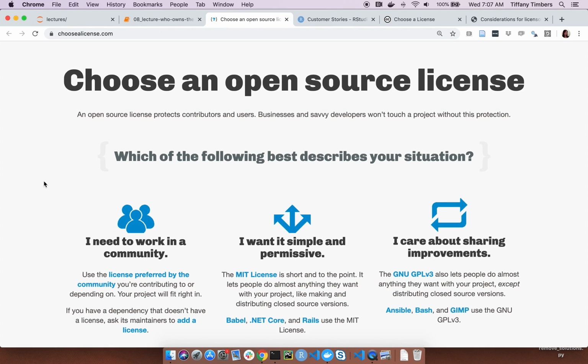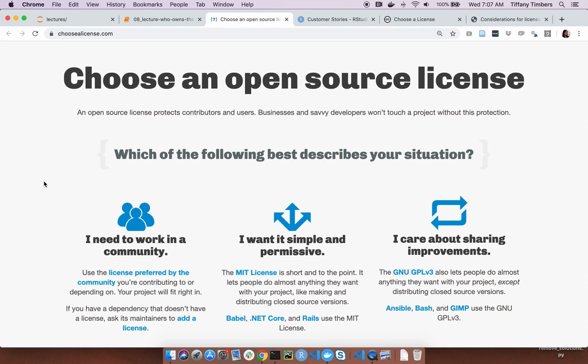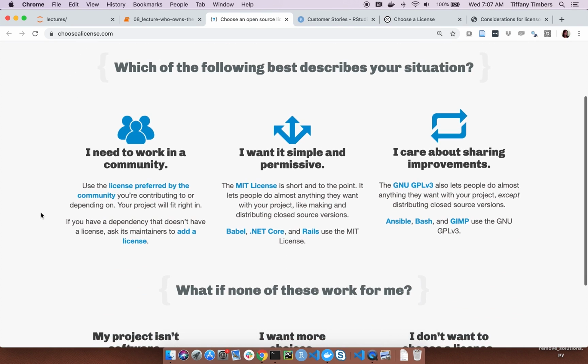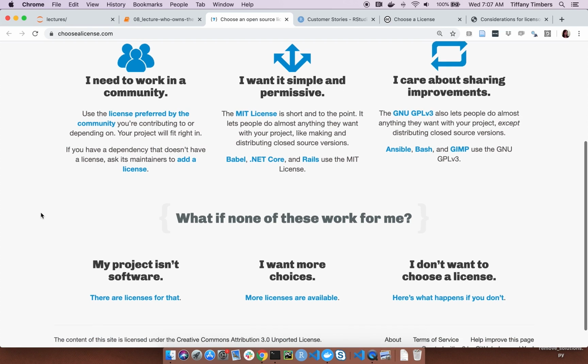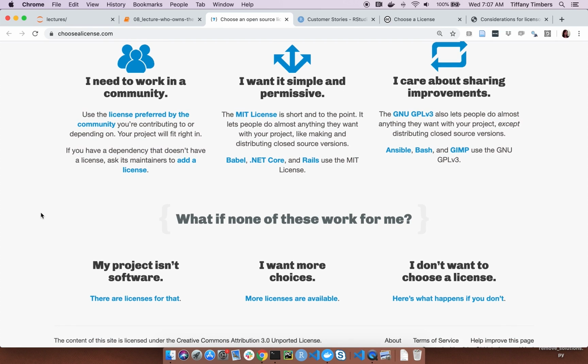And I've already opened choosealicense.com. It's a really useful website to help you get started in this exploration of what license you might want to use on your code. They really have six different landing pages off of this first page where you might want to go.